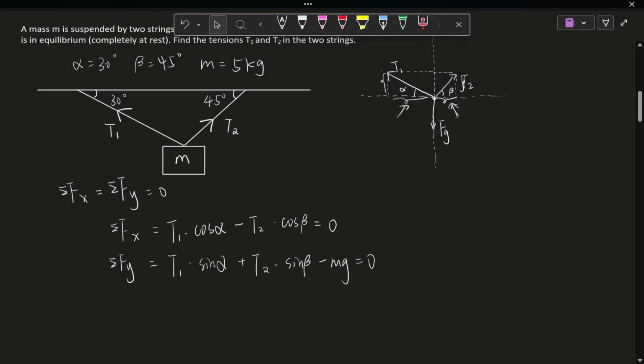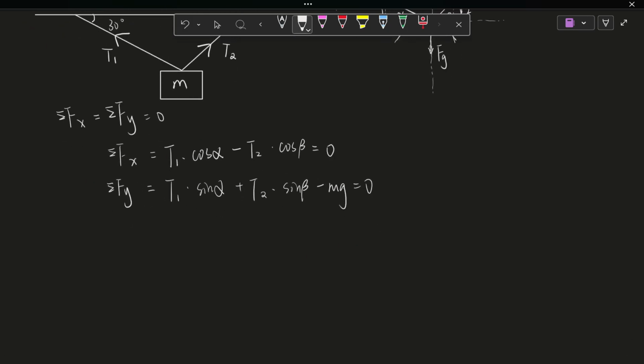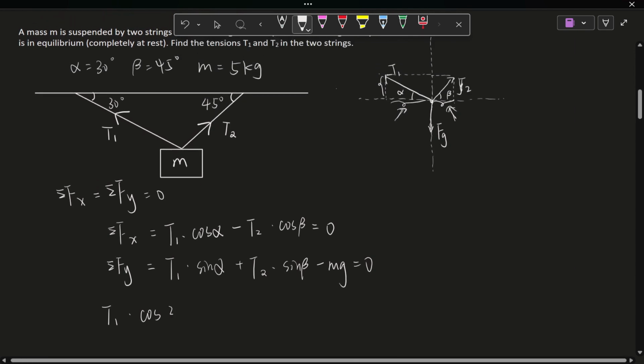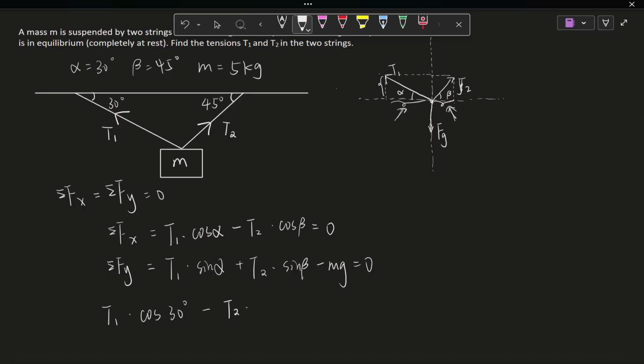So for me, personally, I would just plug the numbers in over here. So T1 times cosine, wait, let me put the number out. Cosine 30 degrees minus T2 times cosine 45 degrees is equal to 0.